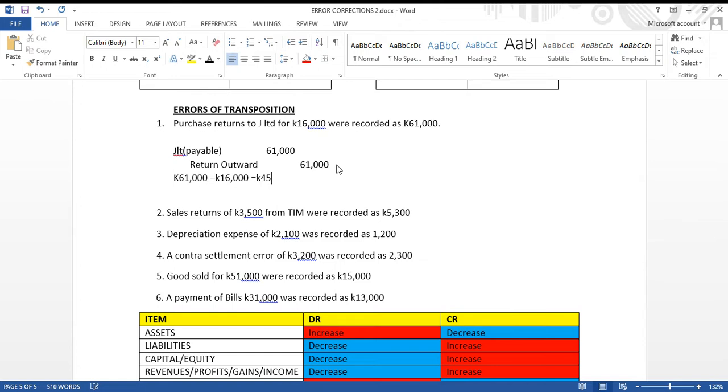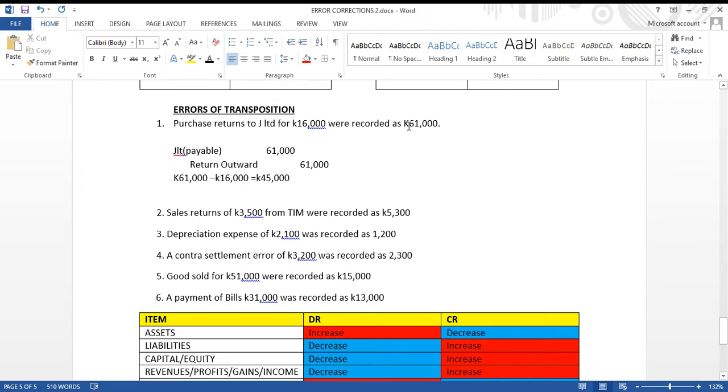So let's say the only difference between an error of transposition and an error of original entry is that our difference is always going to be divisible by 9. So the same way we're treating errors of original entry is the same way we're treating these errors of transposition. In this case, this is an error of transposition and it was overstated. The numbers were mixed up and it was overstated. Instead of recording 16,000, we recorded 61,000.